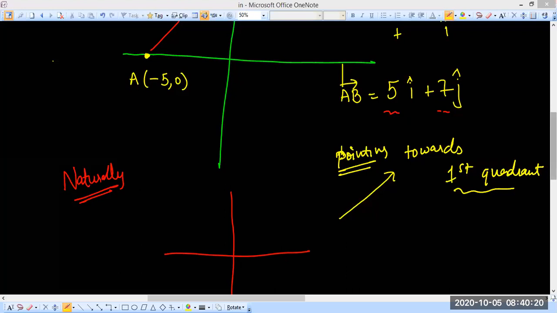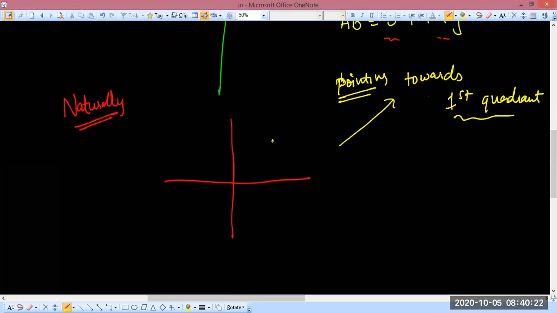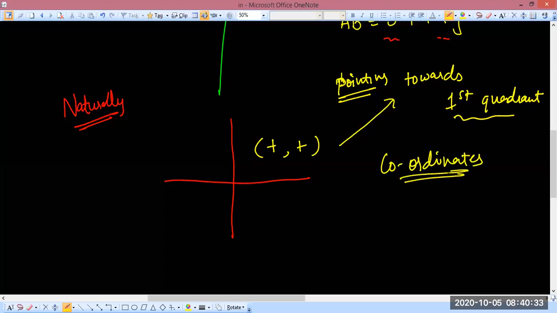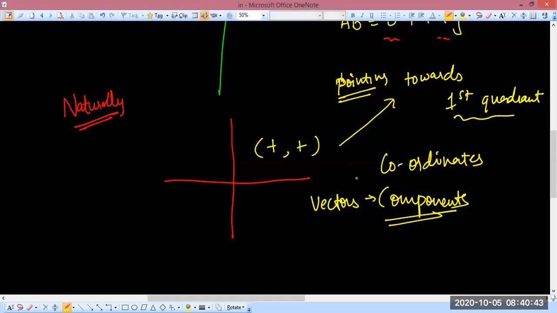So I hope you all remember that you have been taught in perhaps 9th or 10th that in the first quadrant both are positive. Both meaning coordinates then. I hope you all remember that, right? But now they are not coordinates, they are components. When we talk about vectors, they are components, not coordinates.